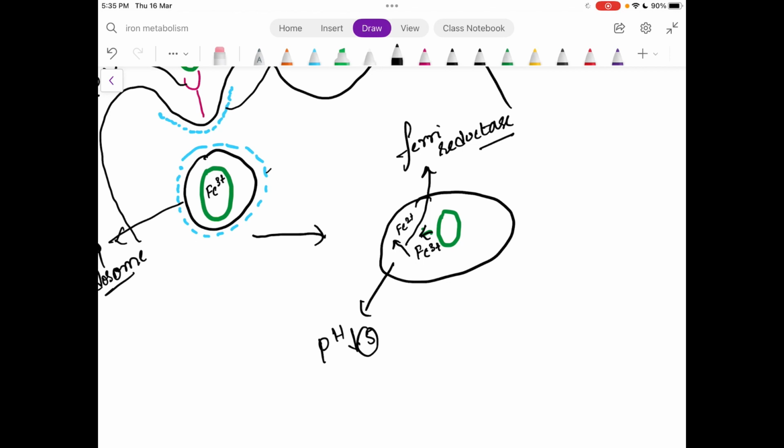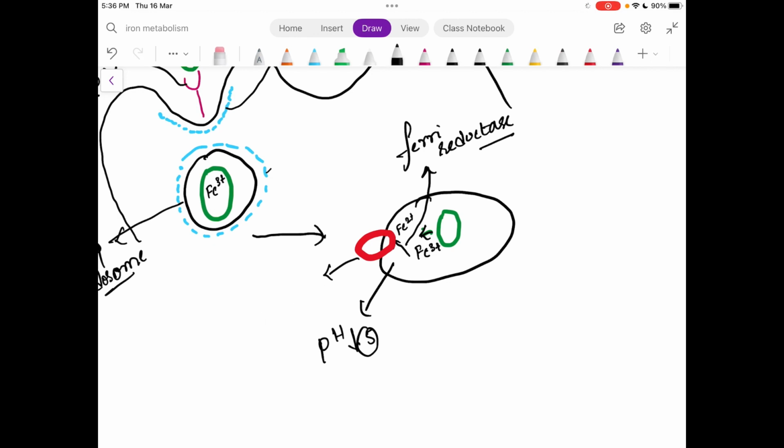And this converted Fe2+ is transported again back to outside with the help of a protein called ferroportin.